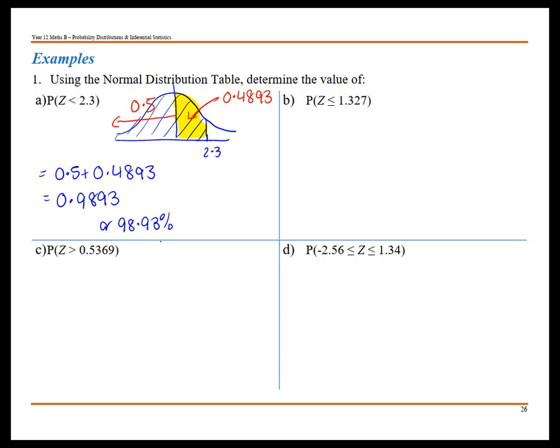Next one, probability Z is less than or equal to 1.327. Now the less than or equal to or the less than doesn't matter because it's a continuous distribution. We don't need to worry about that. So when we draw our diagram, we have our mean and 1.327, and we want this proportion here. Okay, so again, we're going to have to use our knowledge that from here to here is 0.5. We just need to read our table to find that there. So we go to our table and we look up 1.327.